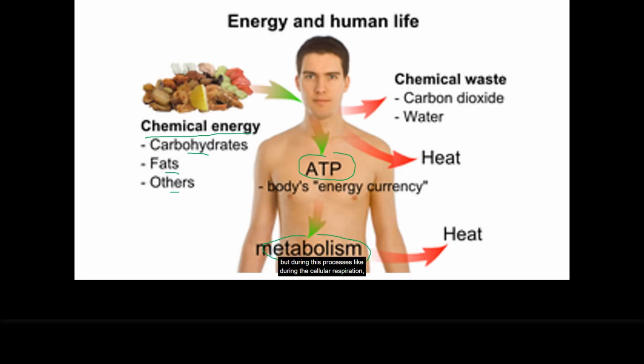But during these processes, like during cellular respiration, when we use this food, some chemical waste will be produced. Byproducts such as carbon dioxide, water, and our body will produce some heat. And heat is a type of energy, and it will escape from our body into the environment.